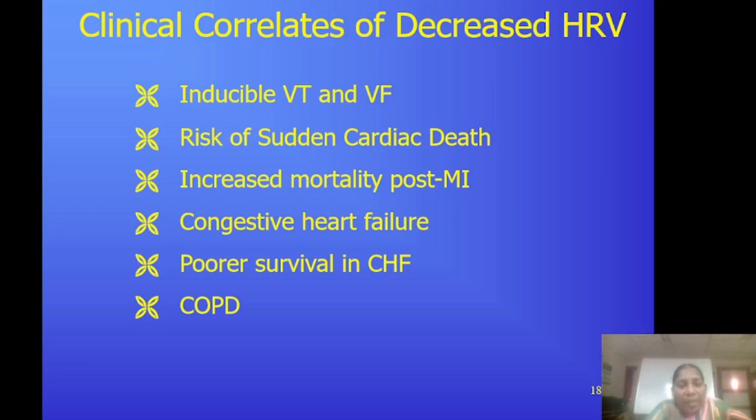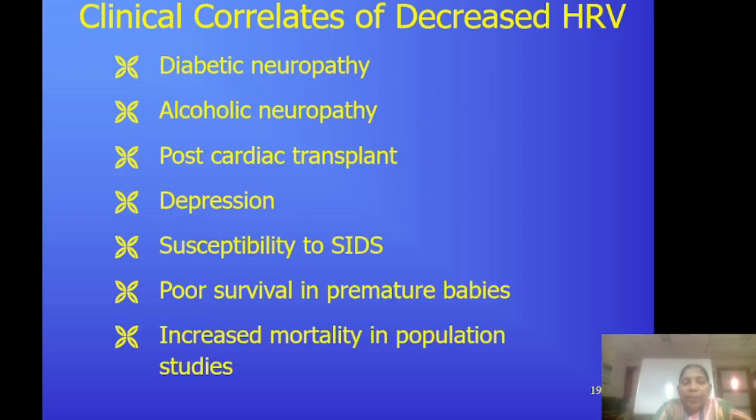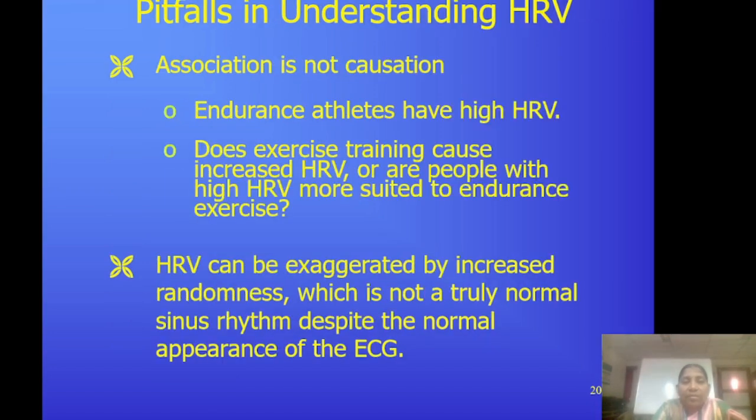These are some of the factors responsible for decreasing heart rate variability. Other things are diabetic neuropathy, alcoholic neuropathy, post cardiac transplant, depression, susceptibility to SIDS, poor survival in premature babies, and increased mortality in population studies.